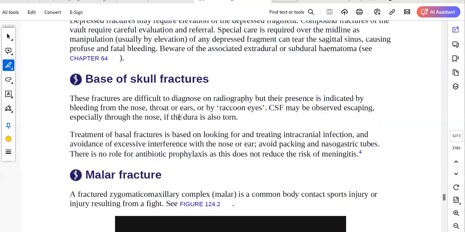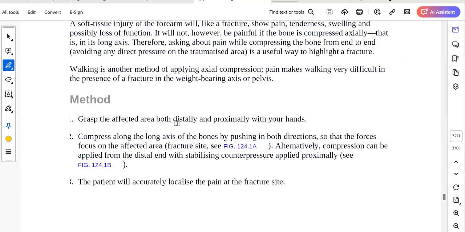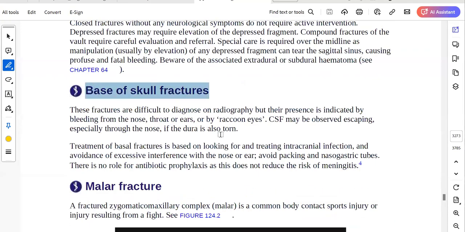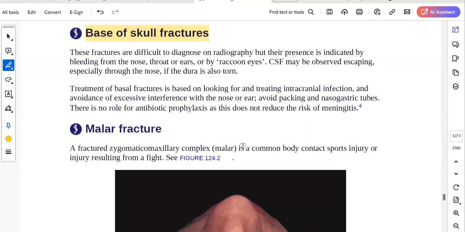So we are now talking about the skull fracture, right? As part of base of the skull fracture, it is indicated by a few specific signs and symptoms.